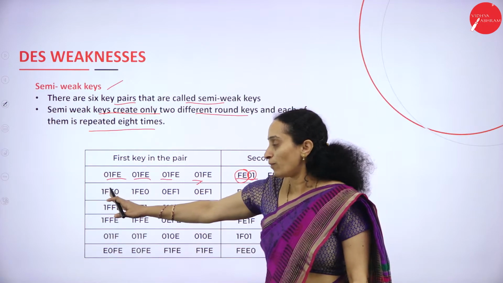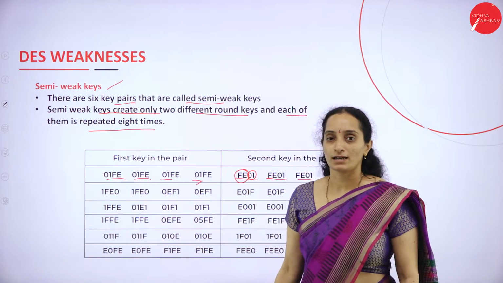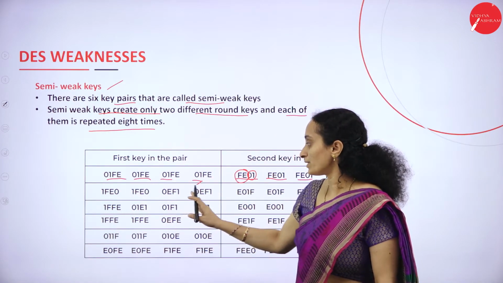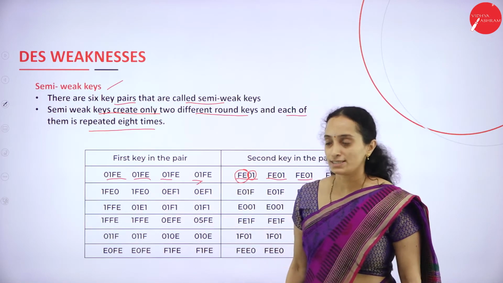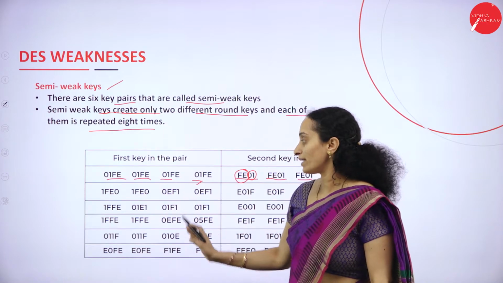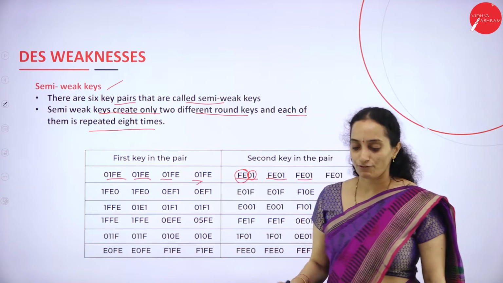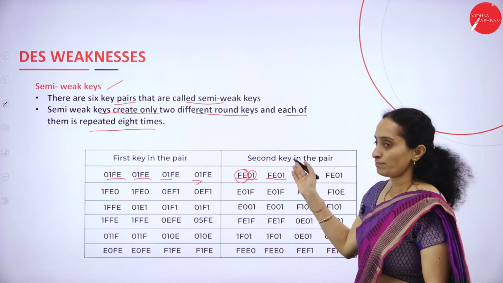Same here. 1F is one pair. One round key. E0 is another round key. First key in the pair. This is the round key. 4 times. Same permutations. 1F E0, 1F E0. So this is reversed. Now it is 0E F1, 0E F1. So it is permuted.